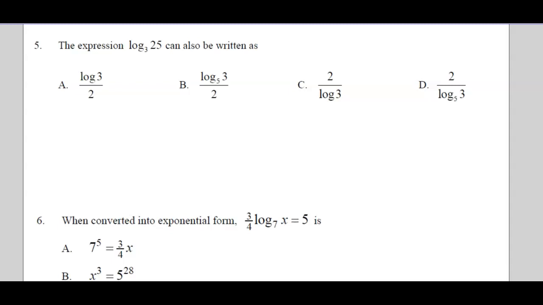So obviously, we're either changing that to base 5 or base 10 based on these answers. Because the argument is 25, I'm thinking base 5 makes sense. So let's express that using change of base with base 5. The argument in the numerator would be 25, and the denominator would be 3.